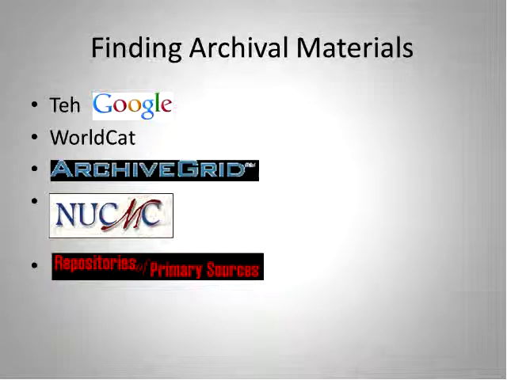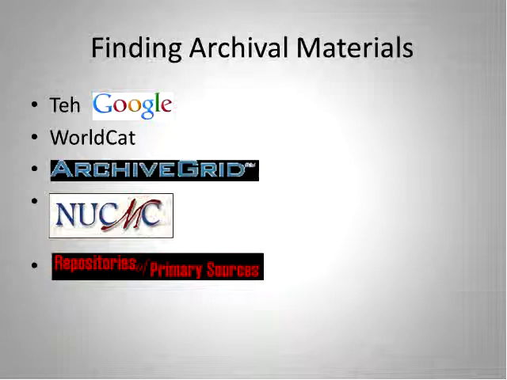So how do you find archival materials? Well, the place you have to start is with an archival repository. So how do you find archival repositories? Well, you can start with Google. You can look up primary resources, primary materials, things like that.